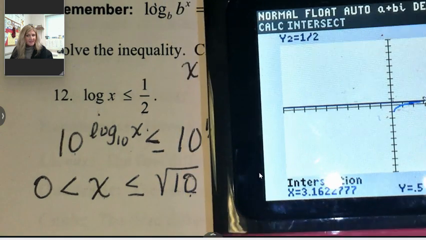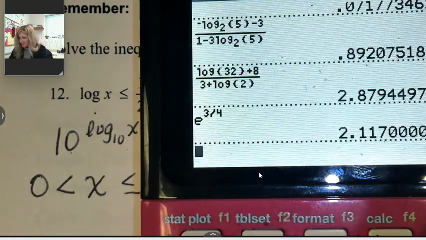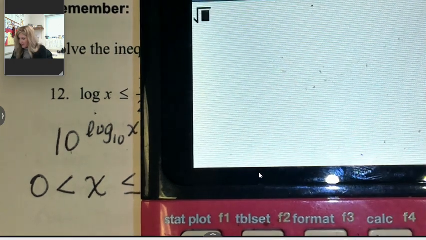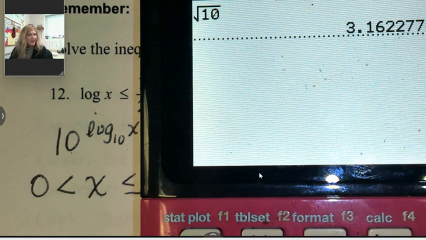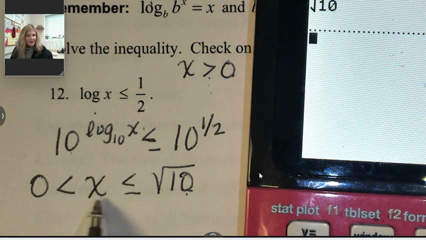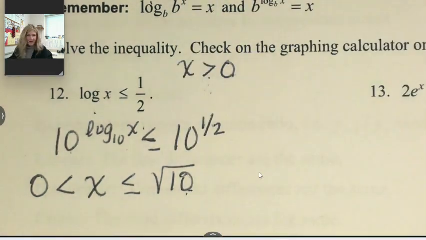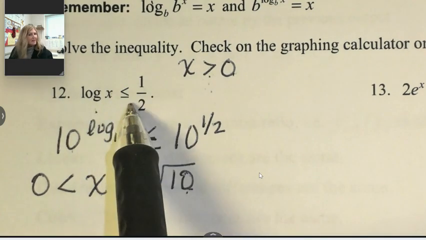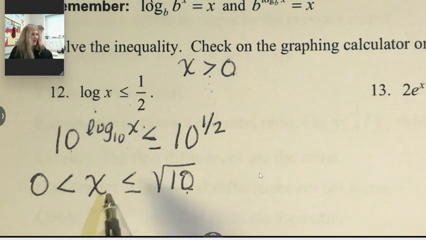What do you think that is the same as? Square root of 10. Remember that number. 3.162. Okay? So that's what we're saying here. We have to check the domain, and then we have to check and make sure that that answer was right and both are correct. So if we have a less than with a log, we're going to have to check for that domain restriction.